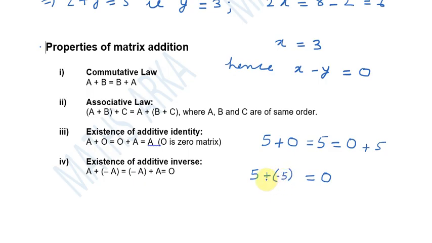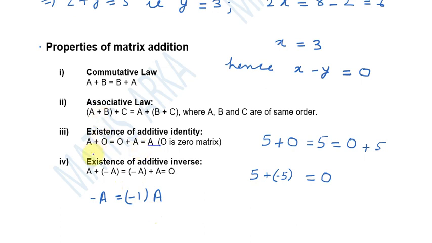For each real number, the negative of that number exists, and that is the additive inverse in the real numbers. Similarly for a matrix, A plus minus A. We already know that minus A is equal to minus 1 multiplied by A. So each of the elements of A should be multiplied by minus 1 to get minus A, and minus A would be the additive inverse for the matrix.